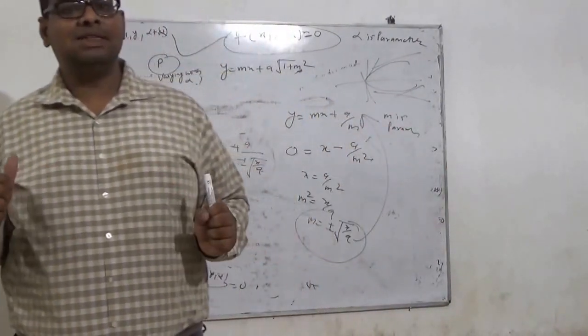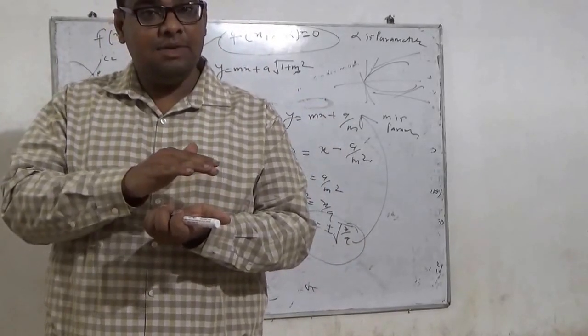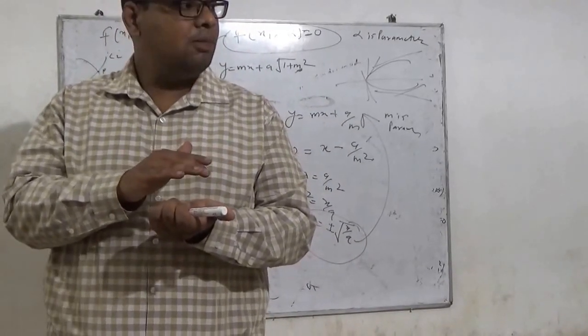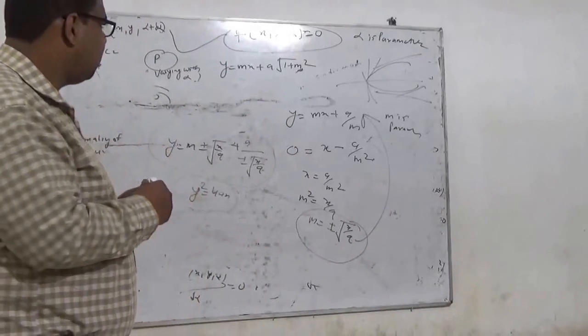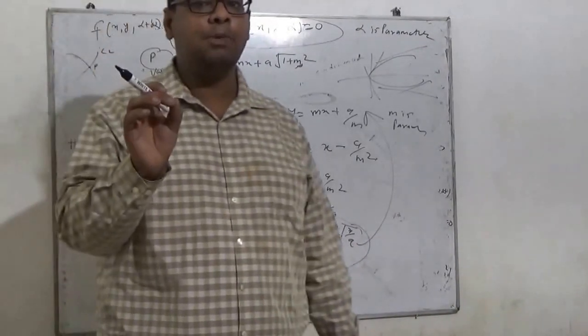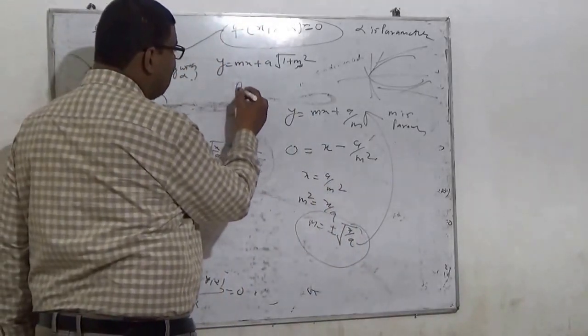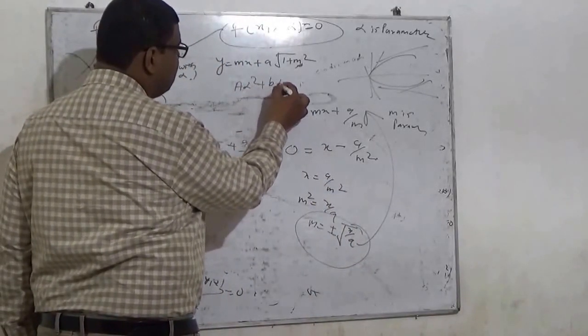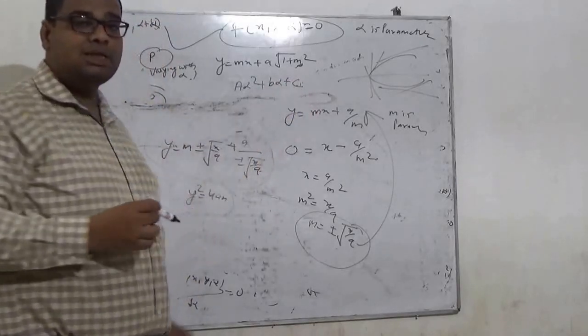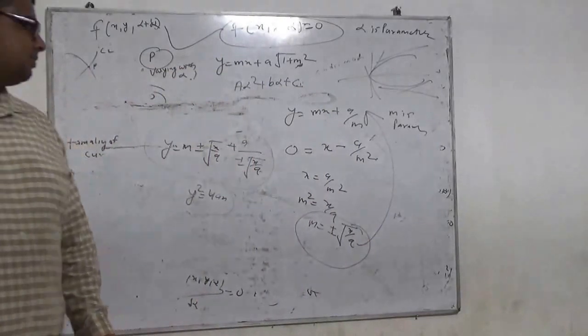Okay, after this I will say what will happen if we are given the equation of a quadratic polynomial in terms of the parameter. Let's suppose we are given a alpha square plus b alpha plus c as the family of the curve.